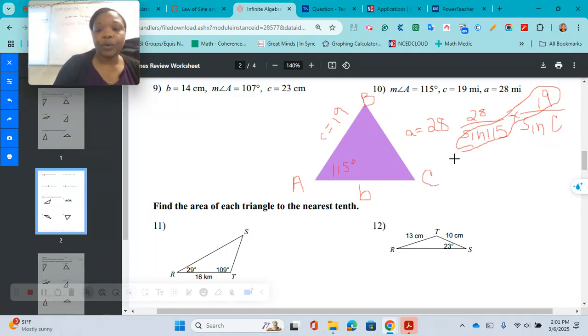So sine of 115 times 19. Once we get that value, we're going to divide it by the last number left, which is 28.